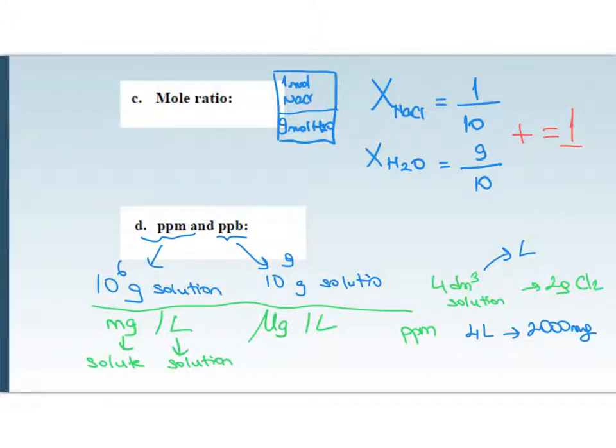Remember, I have to take that unit in milligrams here. So what about in 1 liter? You're going to find it as 500 ppm. So if mass ppm is asked, you're going to do something different. If mass per volume ppm is asked, you're going to do something different.